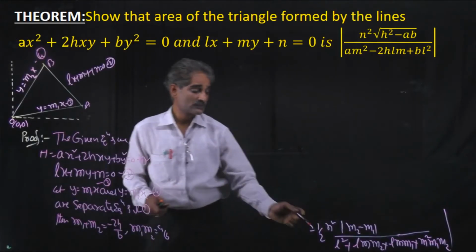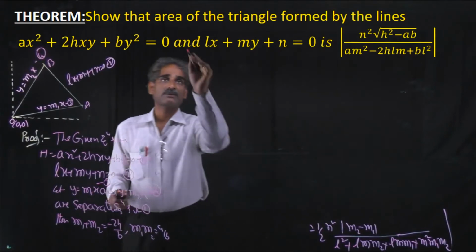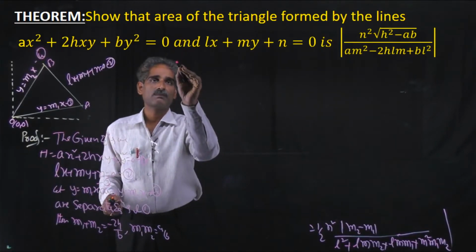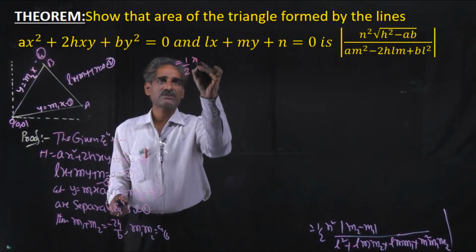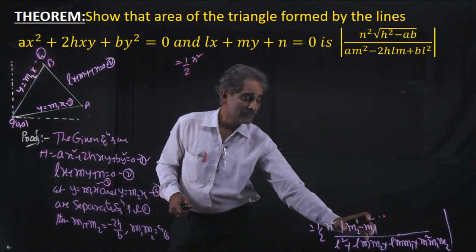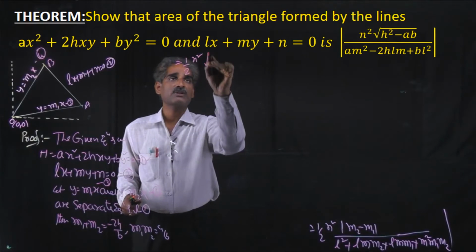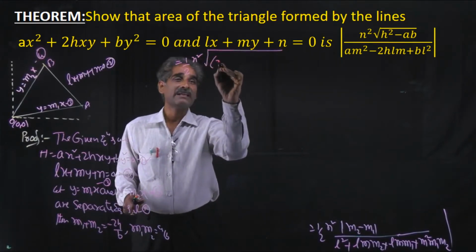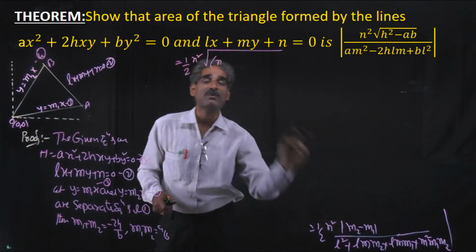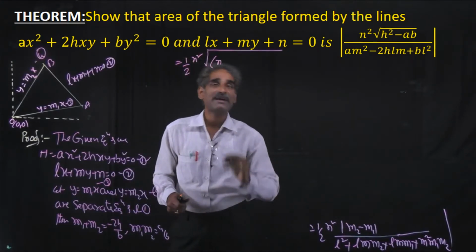Now see this. So here the area of the triangle is equal to half into n square into m2 minus m1. That means we can write a minus b means root of a plus b whole square minus 4ab.